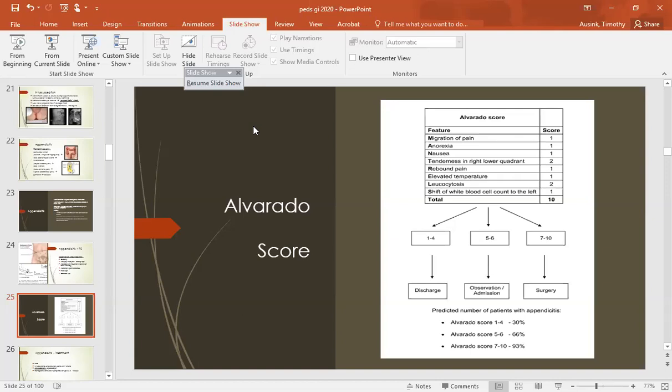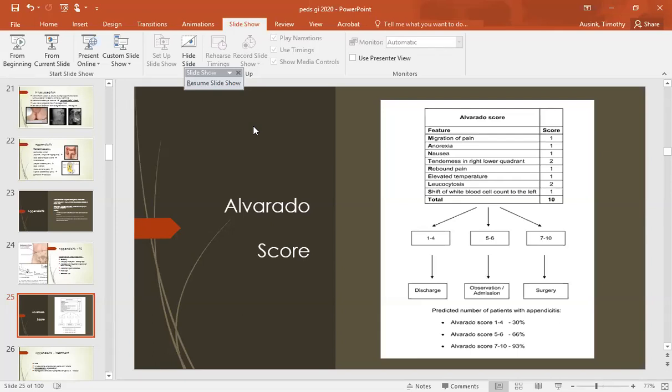So the Alvarado score is really cool if you want to discharge someone with possible appendicitis. You go to your attending and you're like, well, he's got an Alvarado score of 3, so I think I'm going to discharge him. And your attending will go, what the heck's an Alvarado score? And you can say, doc, it's on UpToDate.